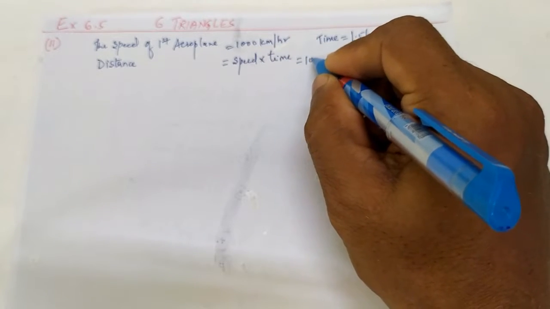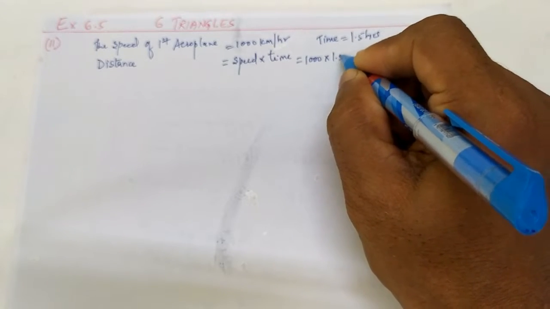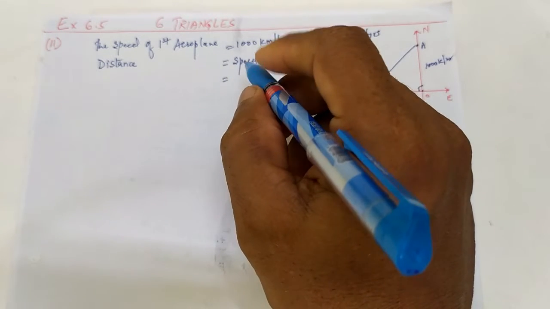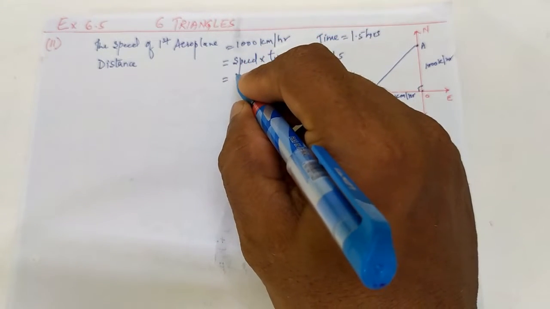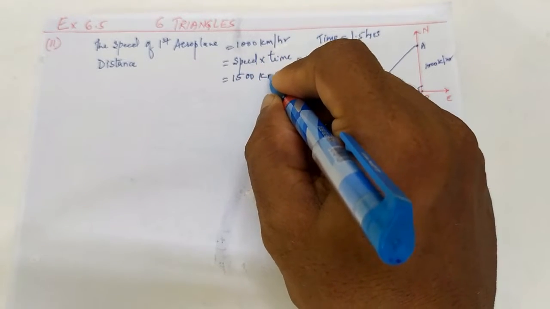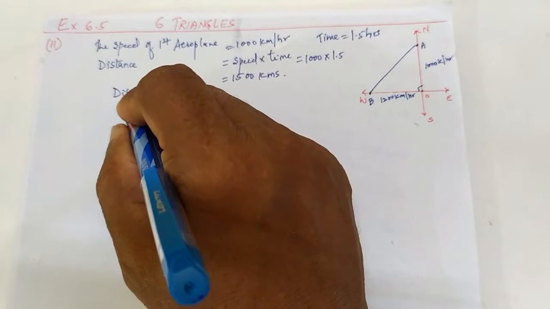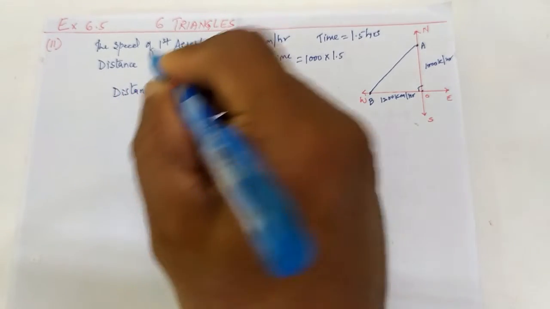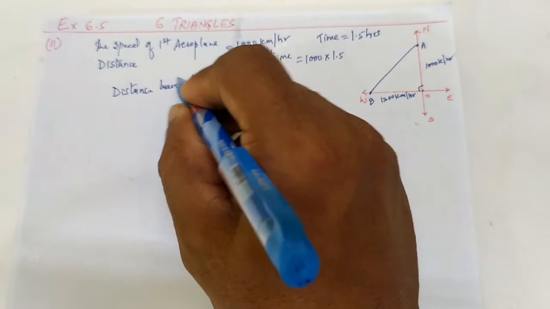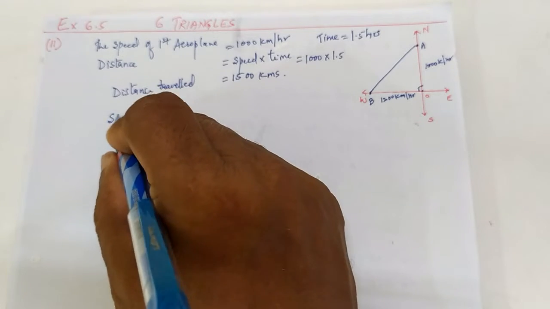The speed is 1000 kilometers per hour and 1.5 hours is the time. So the distance traveled by the first aeroplane after 1.5 hours is 1500 kilometers.